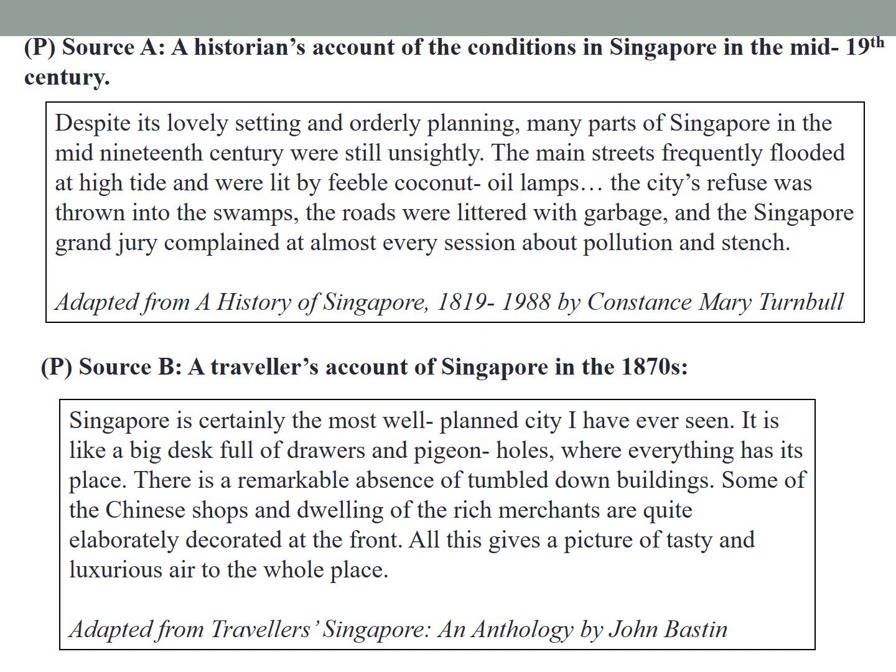All of this gives a picture of tasteful and luxurious air to the whole place. So you can see that source B is a positive and complimentary account of Singapore in the 1870s. So, just by reading the sources, you can see that one source is negative and one source is positive.